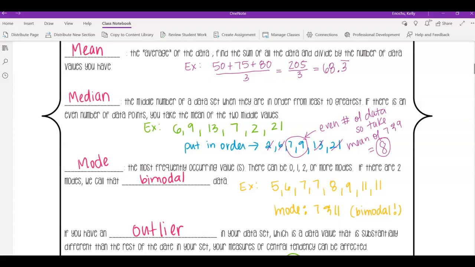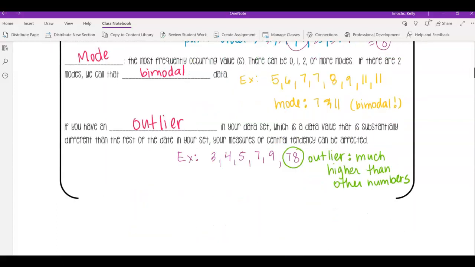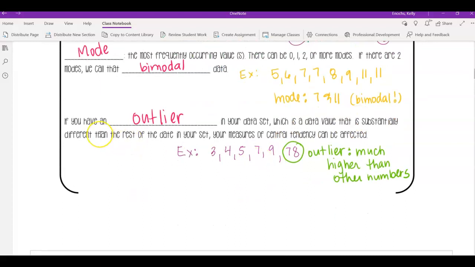So if you remember, we talked about mean and median, and I said one would be a good set of data and one would be a not so good set of data. So how do we know if something's a good set of data? Well, we need to look and see if it has an outlier. If you have an outlier in your data set, which would be one data point that is substantially high or substantially low compared to the other numbers, then you might want to go with your median as opposed to your mean because your mean will be thrown off.